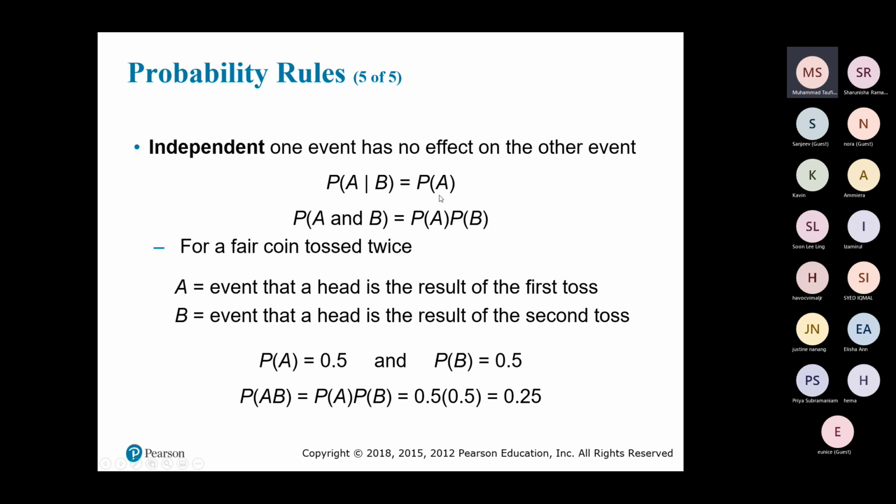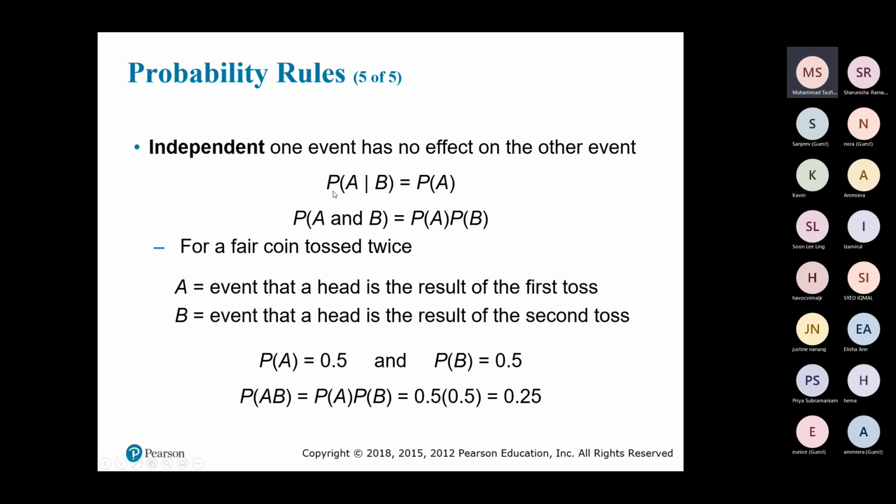Because the probability of event A happening will not get affected by event B. So the probability of event A to happen is the probability of event A itself, because you are not affected by the second event. This one is conditional probability, right? So for independent event, the conditional probability of the event is the probability of the event itself.